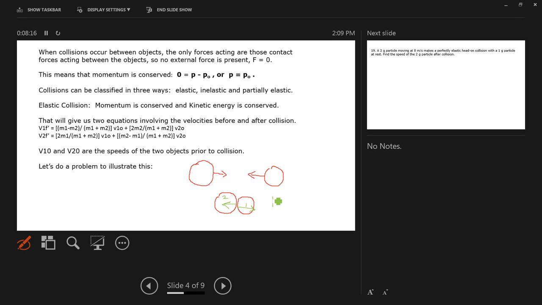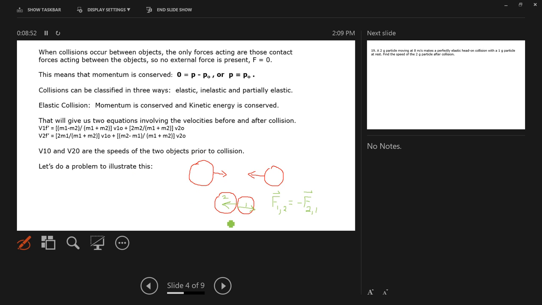It says the force that 1 exerts on 2 is equal but opposite to the force, these are force vectors, that 2 exerts on 1. So that the sum of the two forces equals 0. That's what it means. These are contact forces.